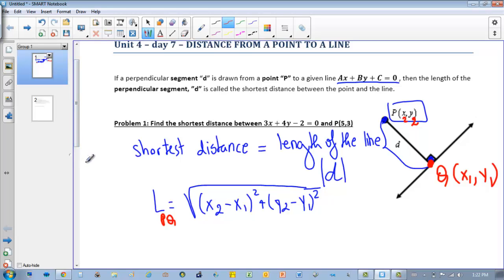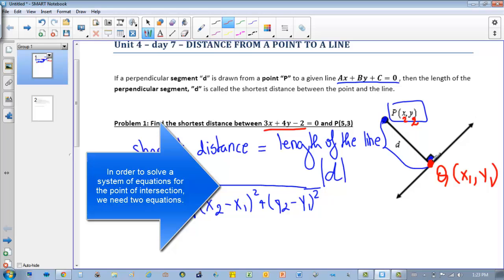Now we're getting a little bit closer, however, it's still not that easy. Okay, how do we find the point of intersection when the only thing we know is the equation of this particular line? We know the equation, for example, in this first example, is 3x plus 4y minus 2 equals 0. How do we get from knowing one point and one line to finding now the point of intersection and calculating the length of a line?